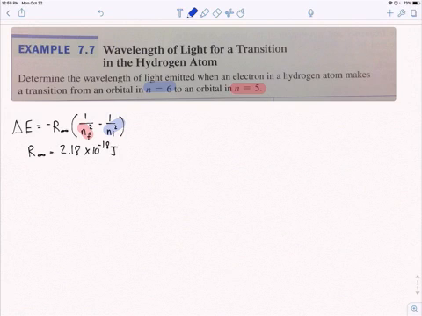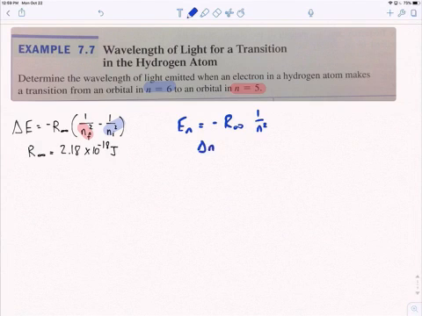And the energy level, E_n is minus Rydberg times 1 over n squared. And delta n is n final minus n initial. So we go from the final, n equals 5, minus the initial, n equals 6.